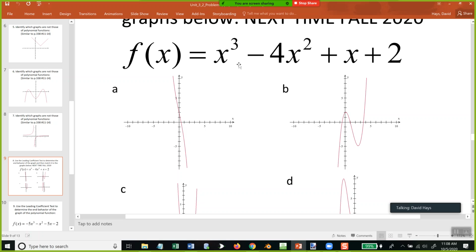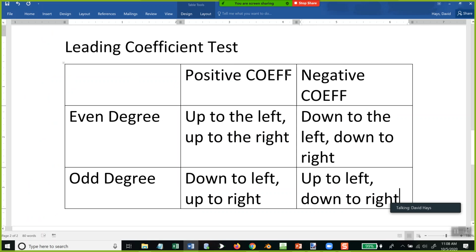So we're looking at a positive coefficient and an odd degree. Well, you look where they intersect, and that tells us that our graph should be down to the left, up to the right. So I'm going to go look at my graphs and see which one's down to the left and up to the right.